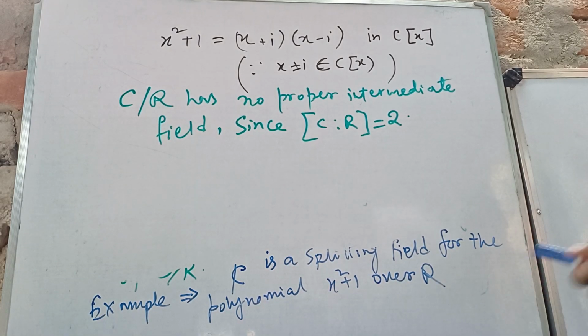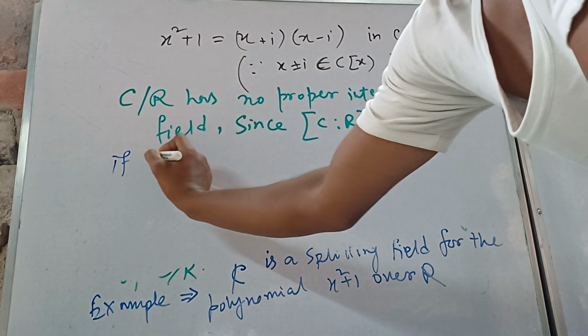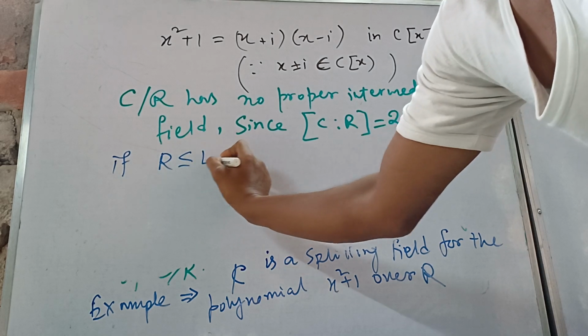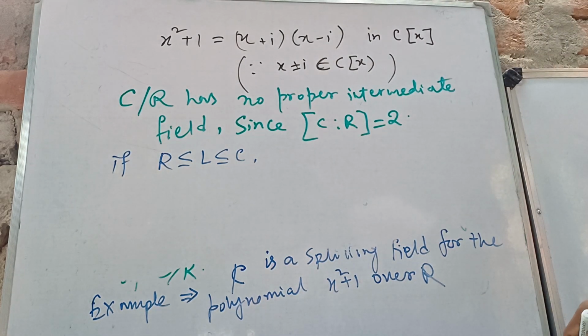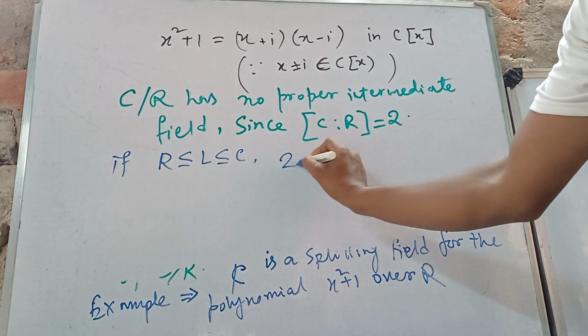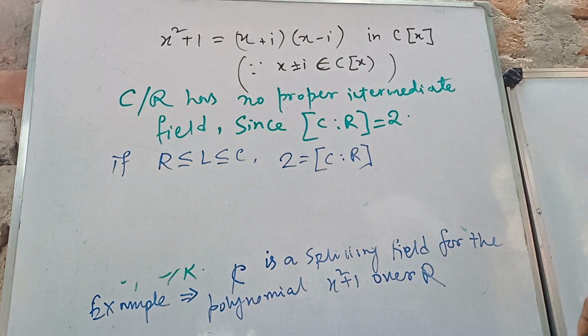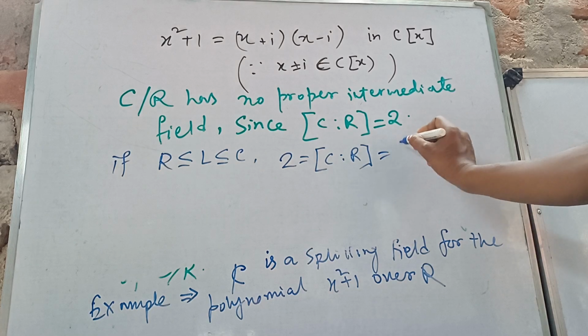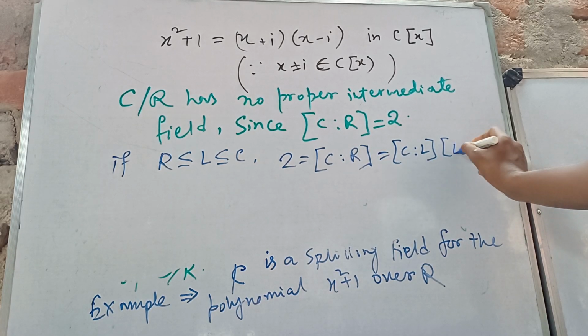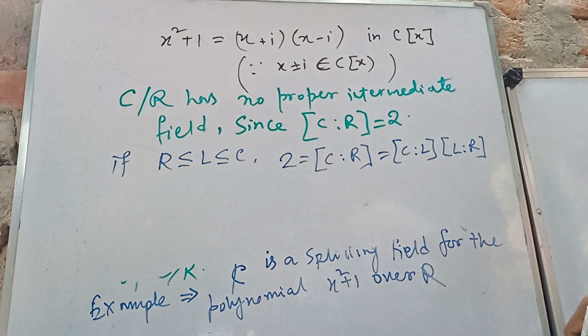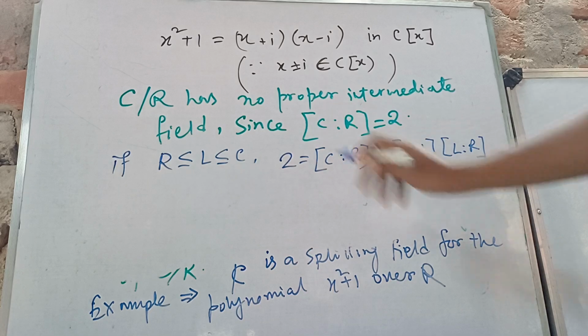Now we talk about that. That means if some L belongs between R and C, that is, L is an intermediate field of the extension C over R, then 2 equals the index of R in C, which equals the index of L in C times the index of R in L. Then one of them is 1, but both being 2 is not possible.